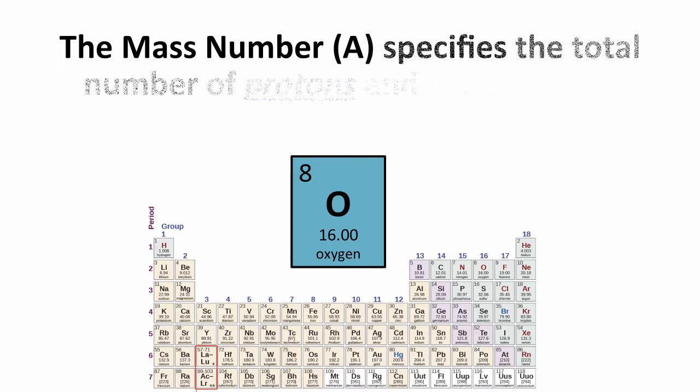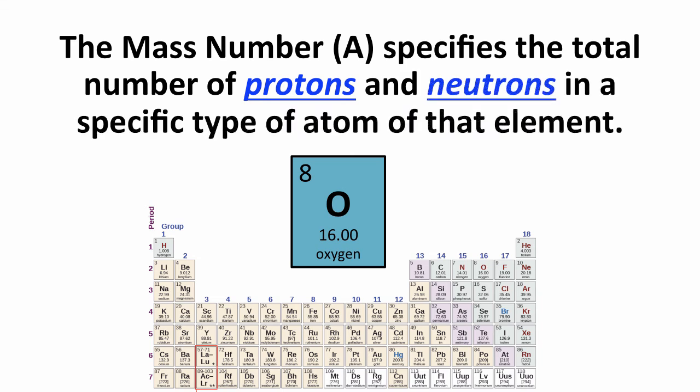Now, the other thing we should consider is something called the mass number. It's symbolized by A, and the mass number specifies the total number of protons and neutrons in a particular type of atom of a given element. Now, the number listed below oxygen, 16.00, is called the atomic mass.